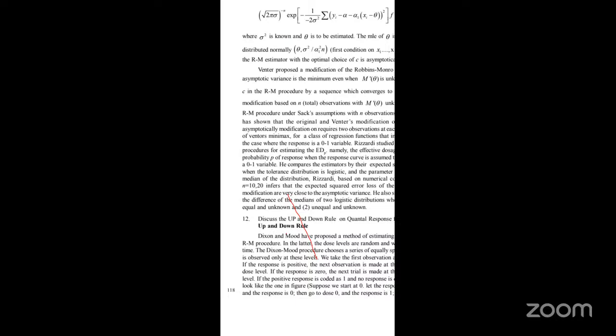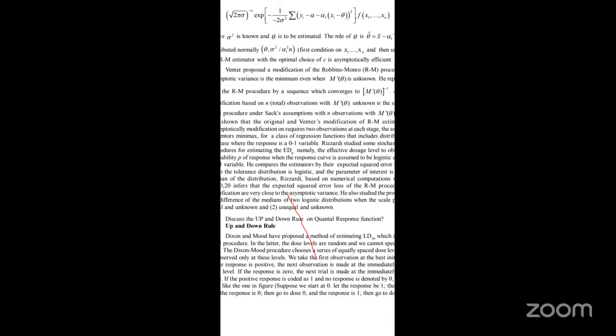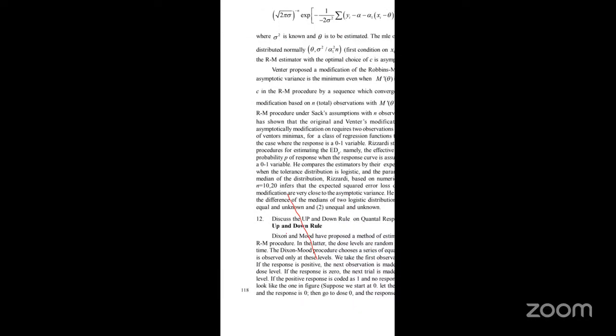In the latter, the dose levels are random and we cannot specify them ahead of time. The Dixon Moore procedure chooses a series of equally spaced dose levels. The response is observed only at these levels. We take the first observation at the initial guess of LD, where D is the dose level.